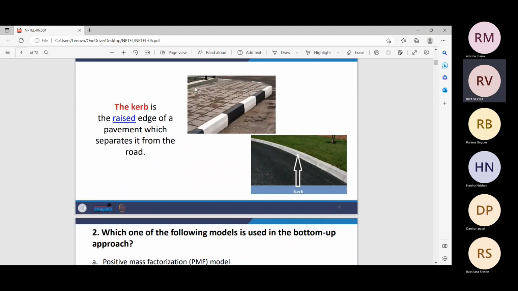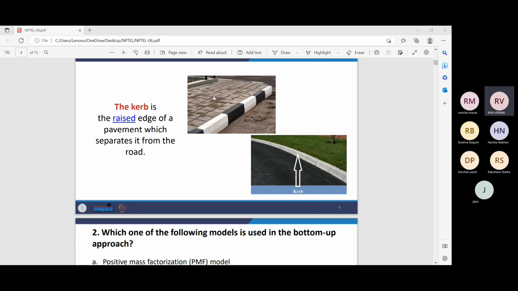You all must have seen this part of the road, which is slightly raised, and this separates your footpath or the side pavement from the main road, like this one in this picture. Have you seen this? Yes, ma'am. Okay, so this raised edge of a pavement which separates it from the main road is termed your curb.